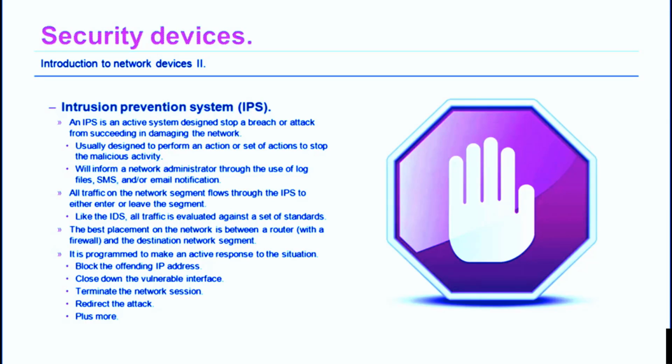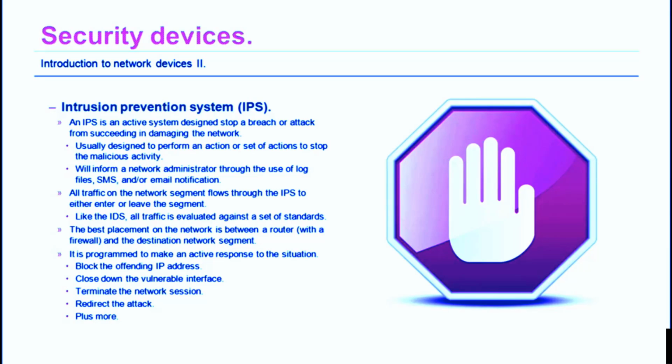They will also inform a network administrator through the use of log files, SMS text messaging, and/or email notification. For an IPS to work, all traffic on the network segment needs to flow through the IPS as it enters and leaves the network segment. Like the IDS, all of the traffic is evaluated against a set of standards, and they're the same standards that are used on the IDS.